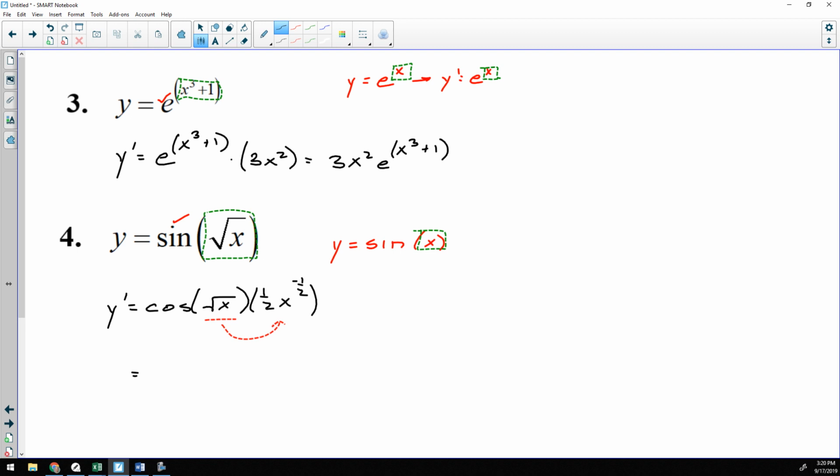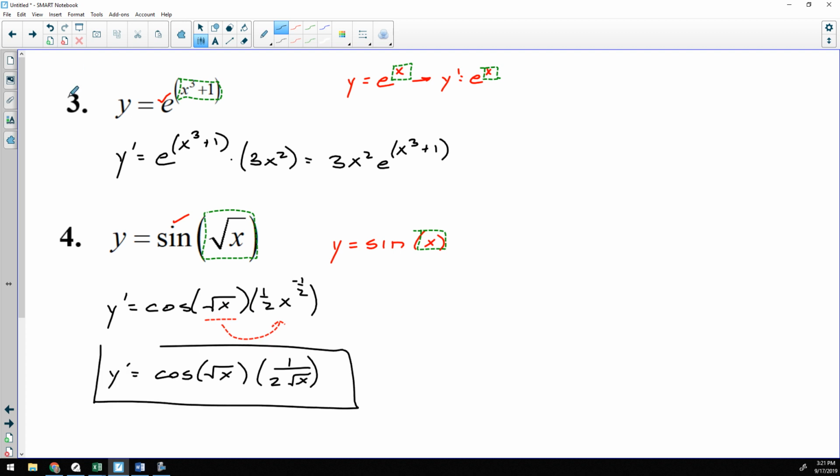So let me copy down the cosine part. That is the same thing as 1/2 square root of x. And that looks a lot better too. There's nothing wrong with 1/2 x to the negative 1/2. I just prefer that way of writing it. So from now on, if I see a square root function, I'm going to do the derivative as 1/2 root x. But this is your whole derivative for number 4.